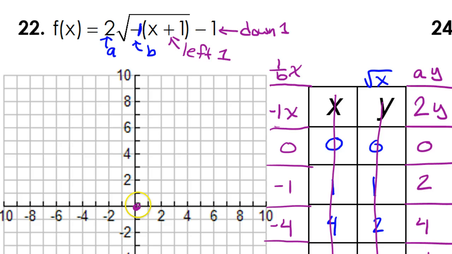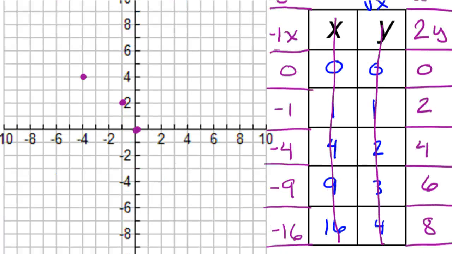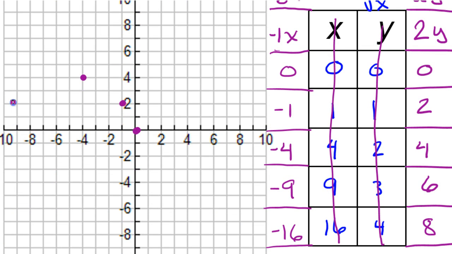So we've got 0, 0, -1, 2, -4, 4, and we've got -9, 6. Alright, -16, 8 will not fit on the graph, so we'll have to make do with these. Do not connect these.